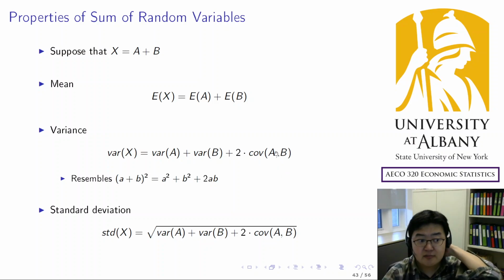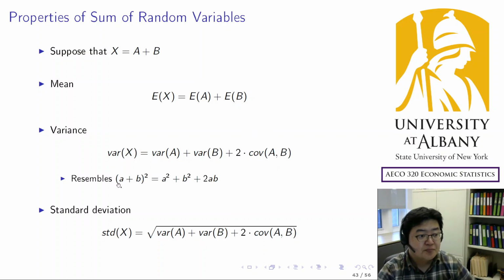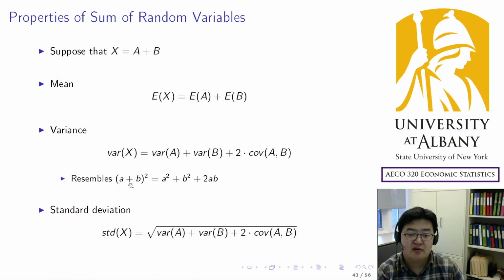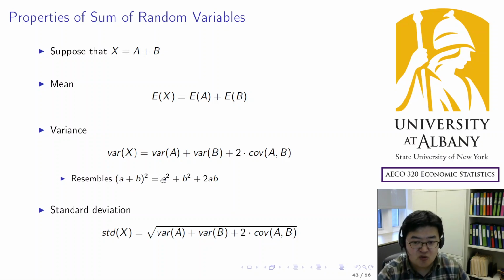You can understand this as the expansion of a quadratic, the square of the summation. The square of the sum is the sum of squares plus 2 times the cross product. Same thing. You can understand variance as a kind of square. Actually, we square as one step in the variance, right?